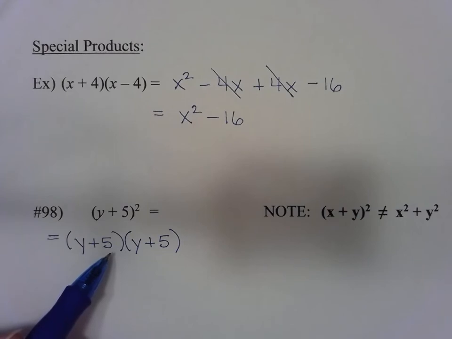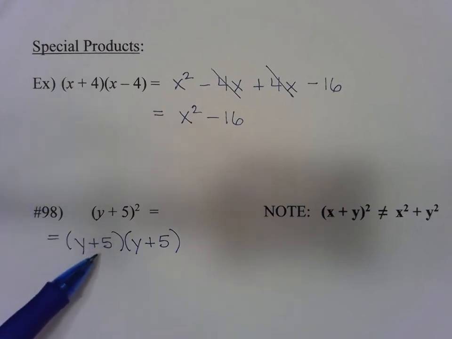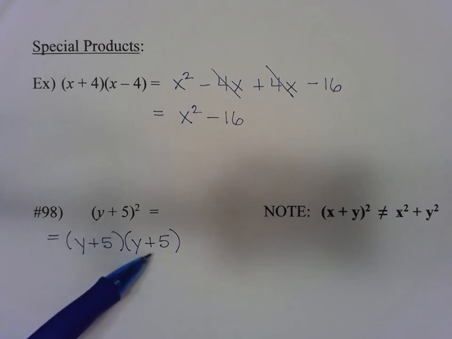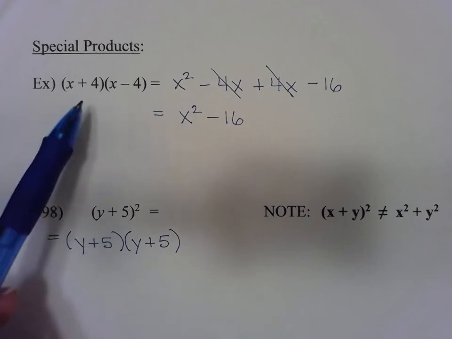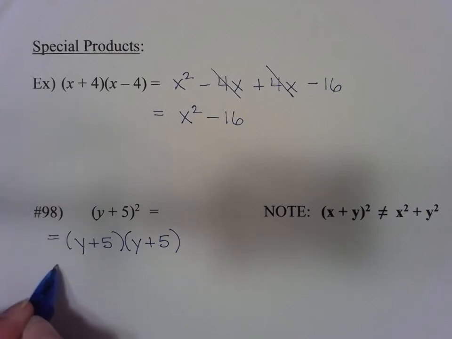Notice this is not the same as this, right? This is two copies of the same thing, so because this is a plus, they're both plus. Where up here, the signs are different. They're two different things, two different patterns we're going to see. Okay, but we can still FOIL this out just the same.